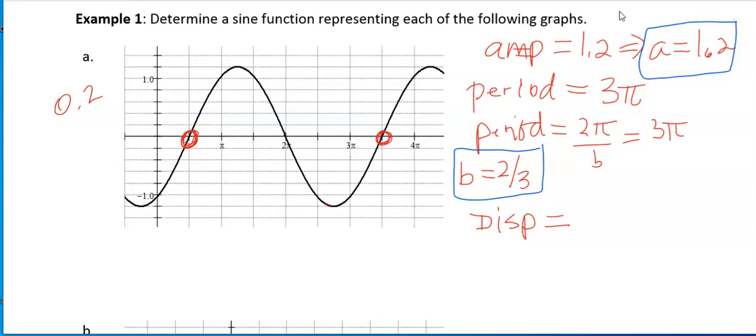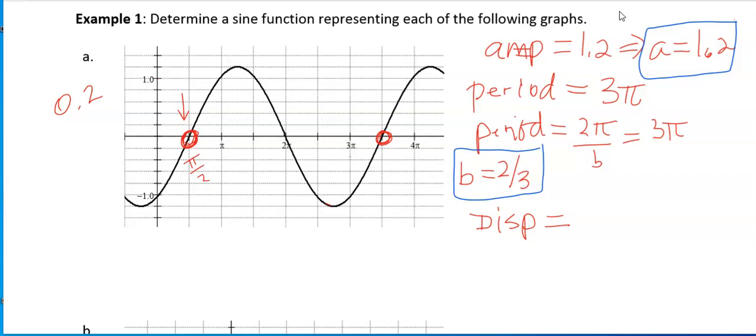All right, let me say, what's your displacement? Well, if you say that this is your displacement, and usually students do pick the appropriate point that's closest to the origin. You don't have to, but usually they do. You can see that the displacement there is halfway between 0 and pi. So that would be pi over 2. That's the displacement.